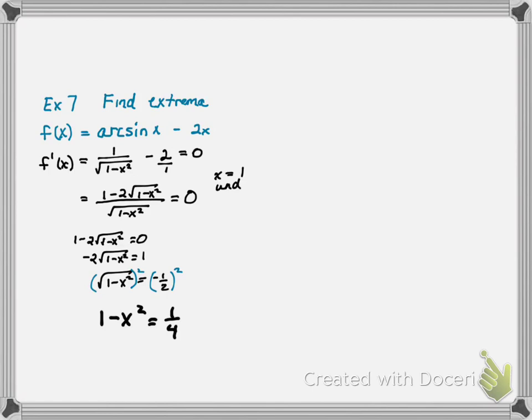And then if I take my 1 over and make it a 1 minus 1, that'll give me a negative 3/4. And right here's where we know we have a problem, because when I square root both sides, I would get an imaginary answer. So what that means is there's nothing that will make my numerator actually come out to be 0. Okay, only imaginary numbers will, and I'm not looking for imaginary extrema, just the real ones we would see on a graph.